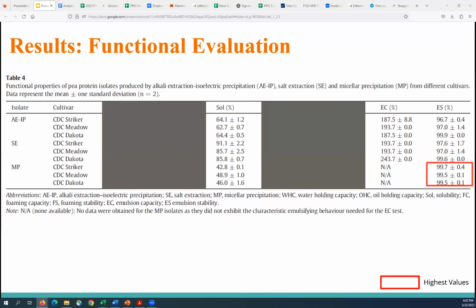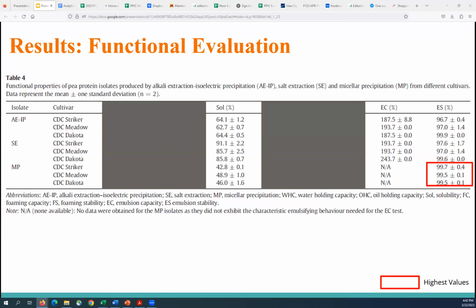Emulsion stability. All 9 isolates had high emulsion stability, higher than 96% under the conditions tested, indicating that the droplets were successfully dispersed throughout the water phase, mainly because of the following reasons.